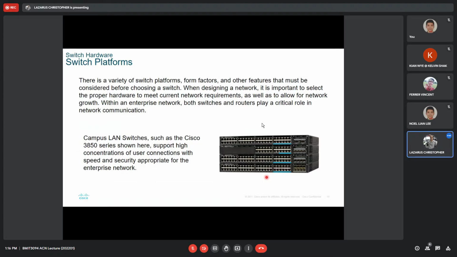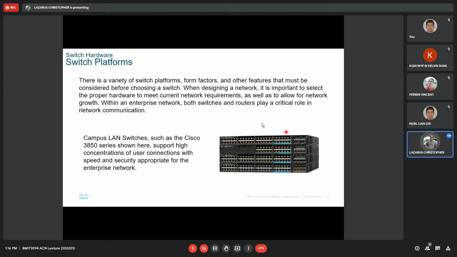You hardly ever find any faulty model. You can see here the example usage is campus LAN switches, and you can see the number of ports, so this switch is highly capable of catering to a lot of users.